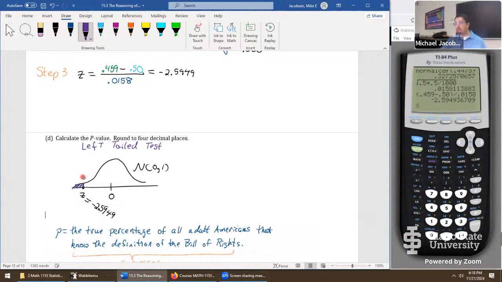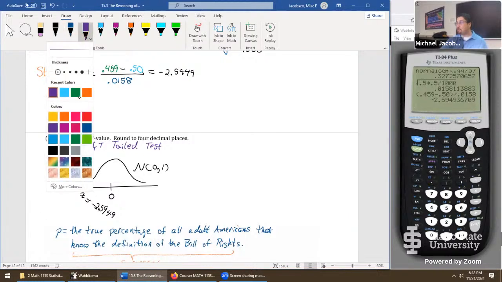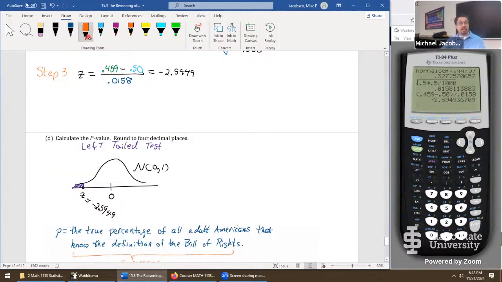Even though this diagram isn't strictly required, it really is a huge help because now you know exactly what's going into the calculator and in what order. So this time input 1, the lower value, is negative 10 power 99, because we're shading to the left forever, not stopping.